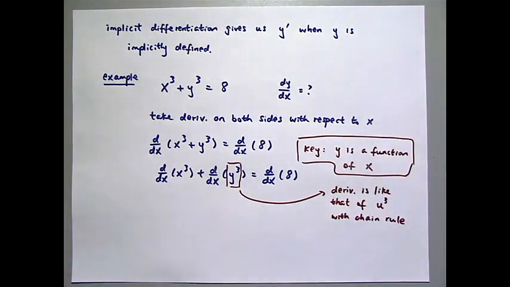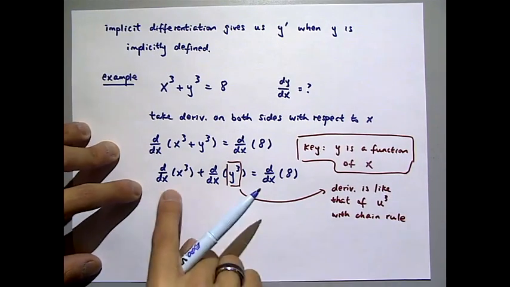When we do the chain rule, remember we let u be something that depends on x. And that's precisely what's going on here. This y here, we don't know what it looks like, but we know it's something that depends on x. So the derivative of that is really the same as the derivative of u cubed.